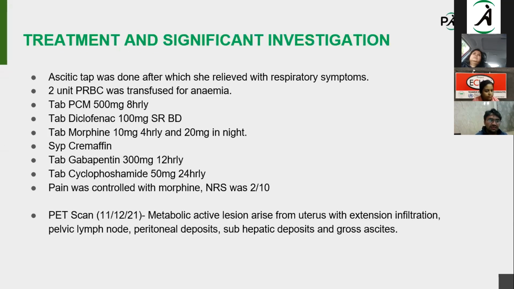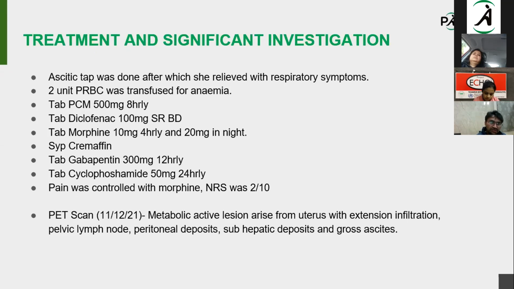Next, the treatment and significant investigations. Treatment given in the hospital: an ascitic tap was done, after which she was relieved of the respiratory symptoms. 2 units of PRBCs were transfused for the anemia.